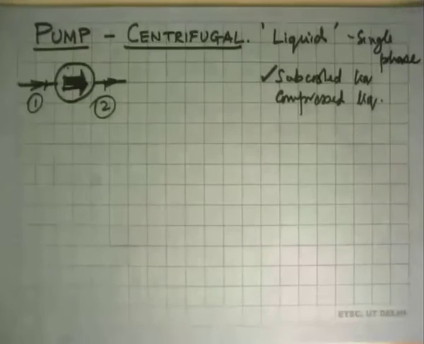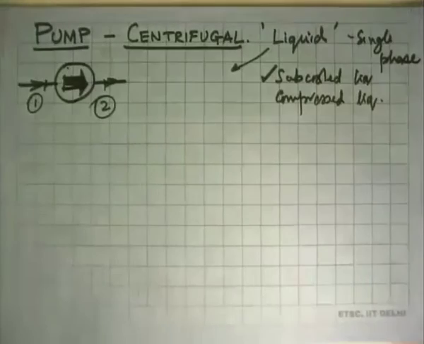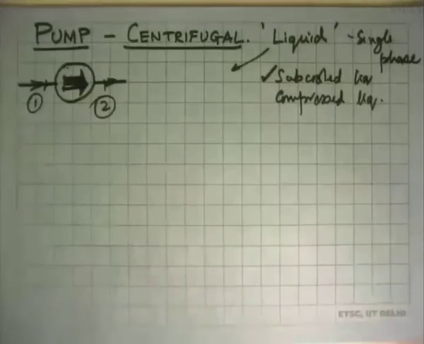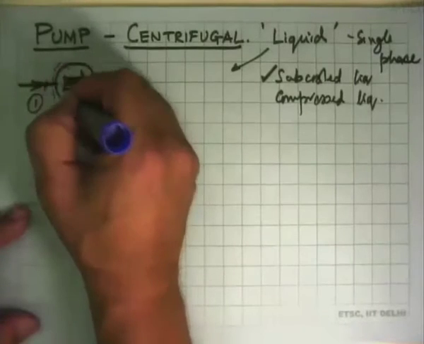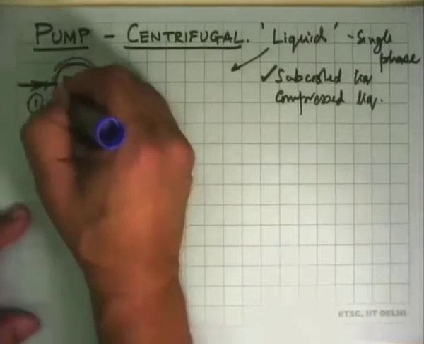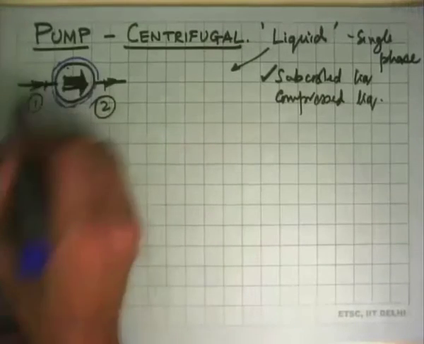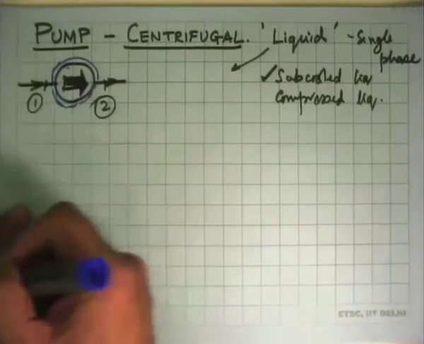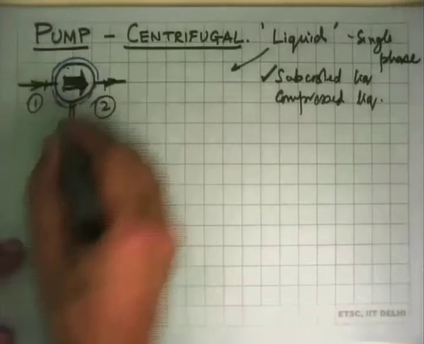So what does a centrifugal pump do? Firstly, it's a liquid thing. Let's go the systematic way that we would like to approach this. Having made the symbol, we say that this is our system boundary. There is one inflow, one outflow, and to run the pump, we have an external prime mover.